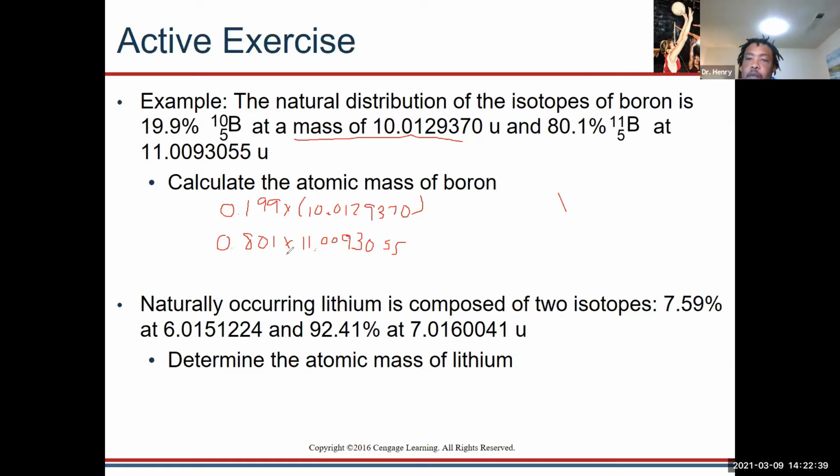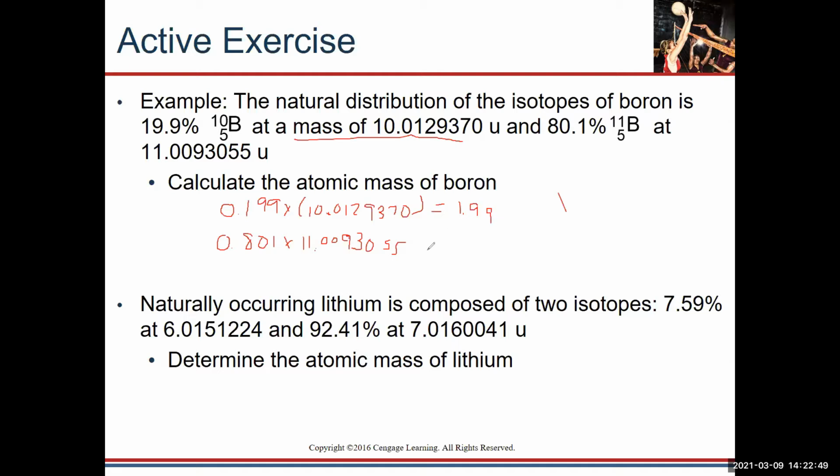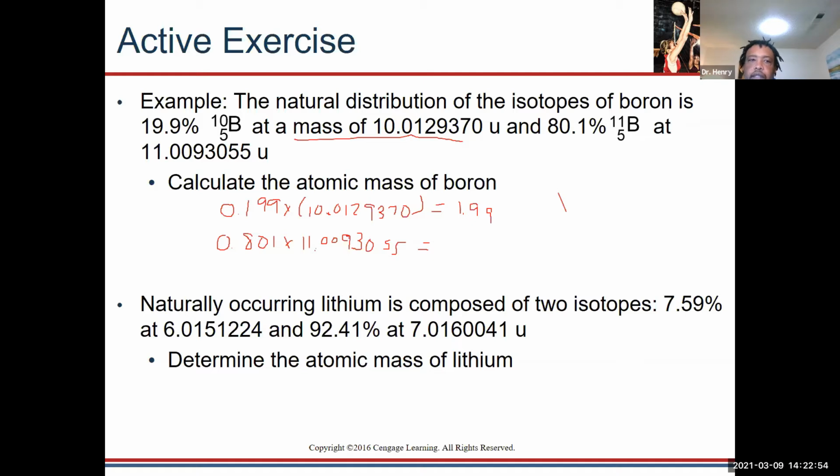If you multiply these together, you get 1.99. And this one is going to give you 8.82.